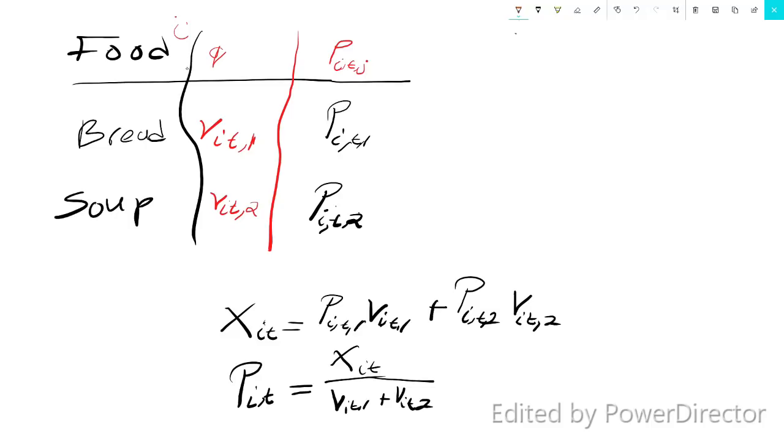Having spoken about this, let's go back to the lecture slides and understand what these mean. Okay, so I'm going to erase this now. And now we want to talk about what this really means.